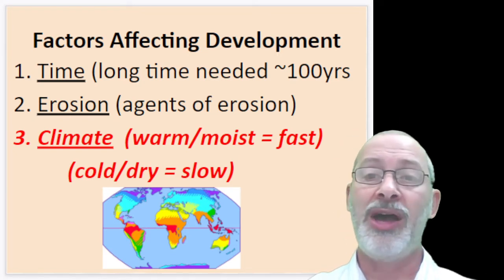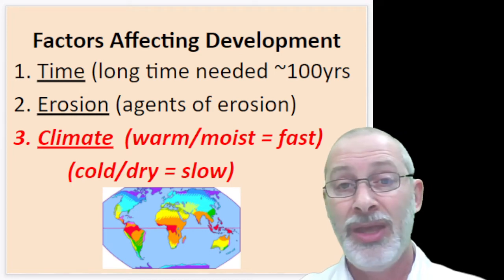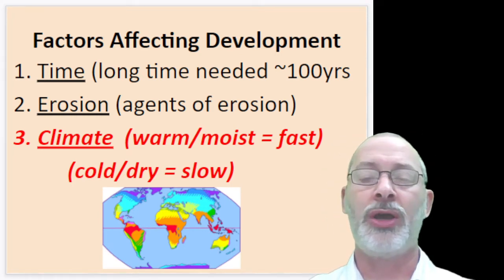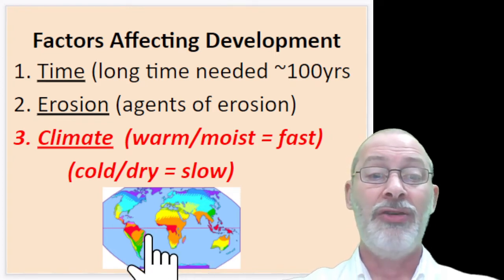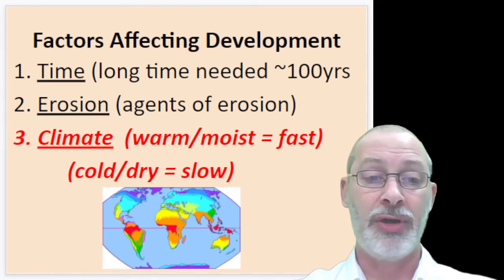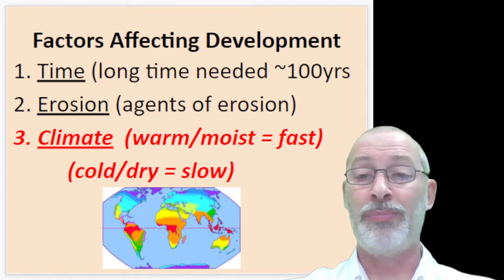So when you talk about about 100 years to develop a soil, it probably changes by a factor of 10 when you're talking about the extreme changes in climate from the tropics to the poles. Big difference when you're talking about the climate of a particular area.